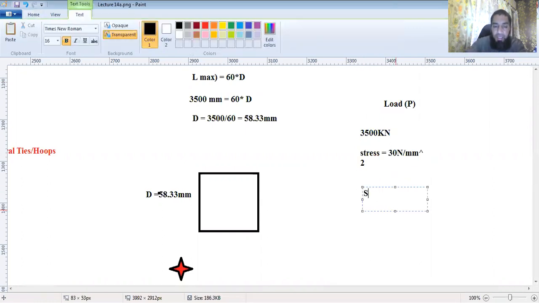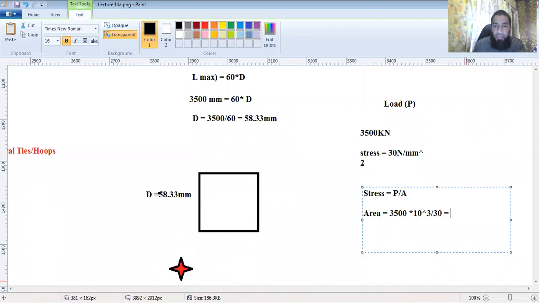Then in that case, stress is always equal to P by A. So you can just assume, although this is just an assumption, that all the compression load is being taken by the concrete at present. Then this would be 3500 into 10 raised to power 3 divided by 30.